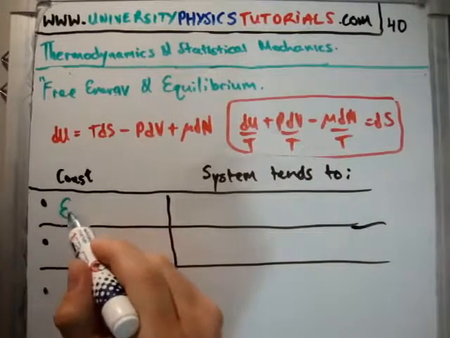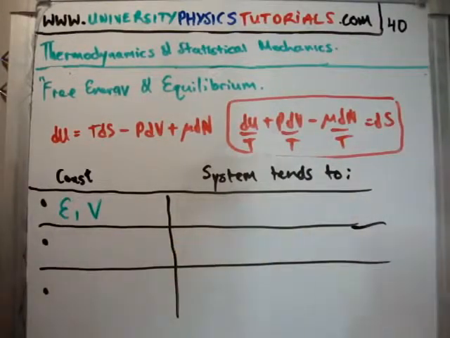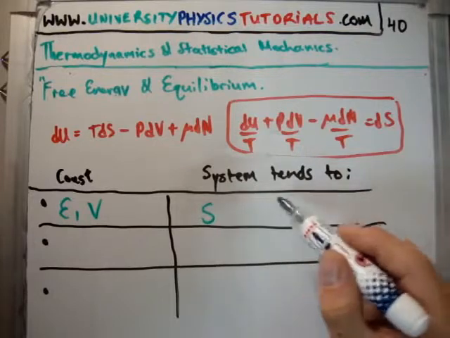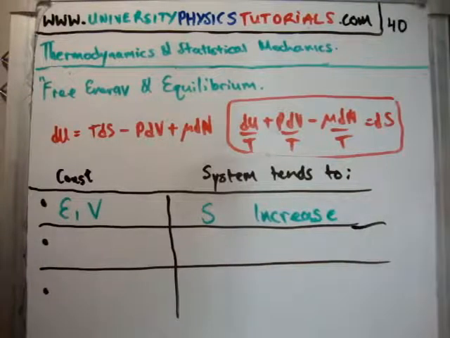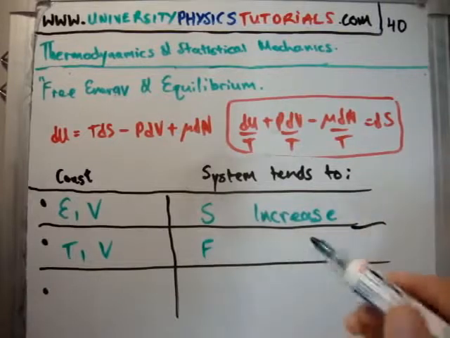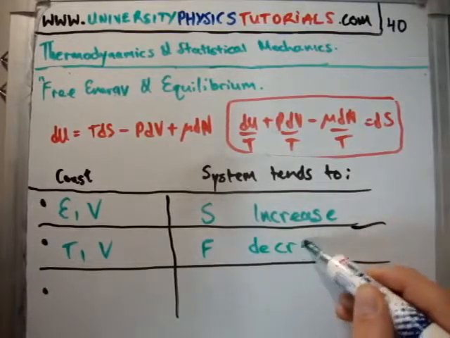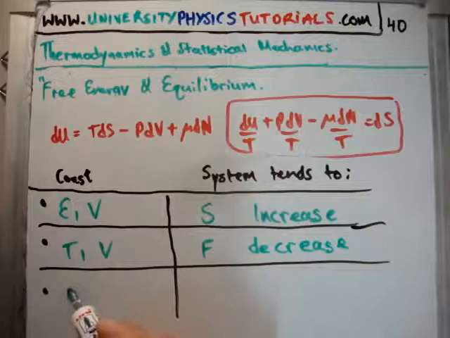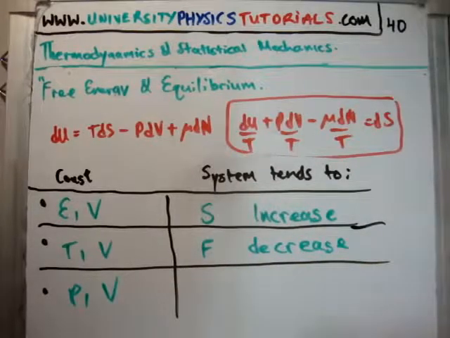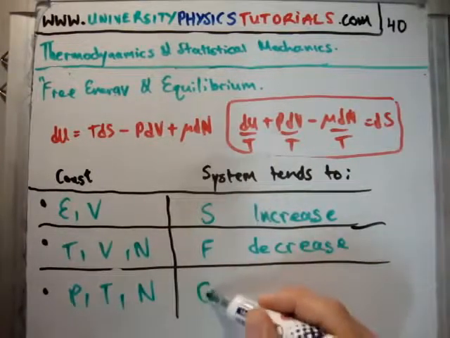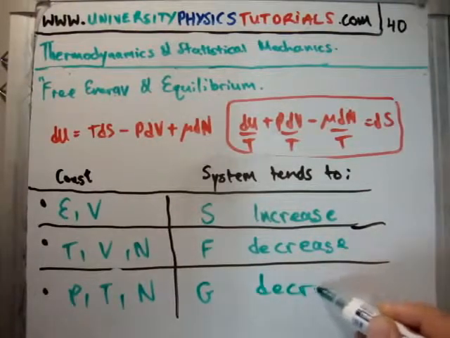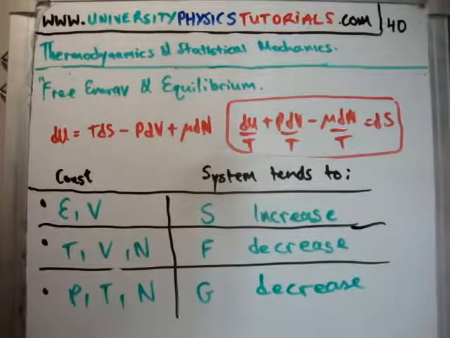At constant energy and volume, the entropy tends to increase. At constant temperature and volume, the Helmholtz free energy tends to decrease. At constant pressure and temperature, and number of particles as well, the Gibbs free energy tends to decrease. Okay, that's really the bottom line.